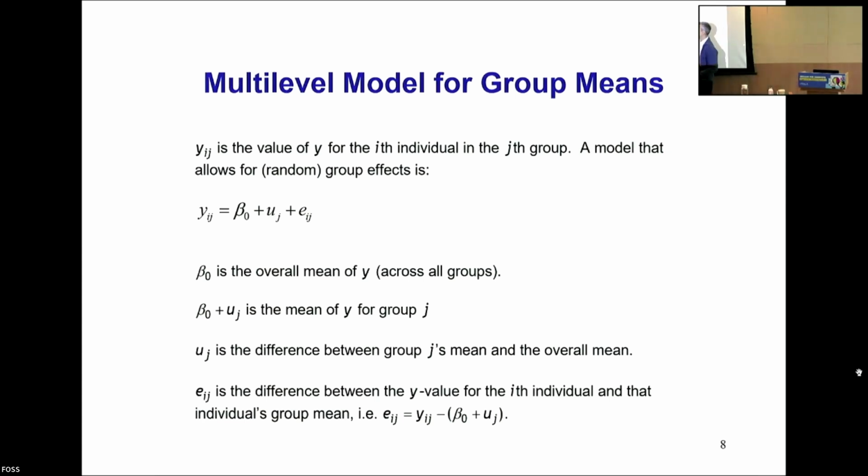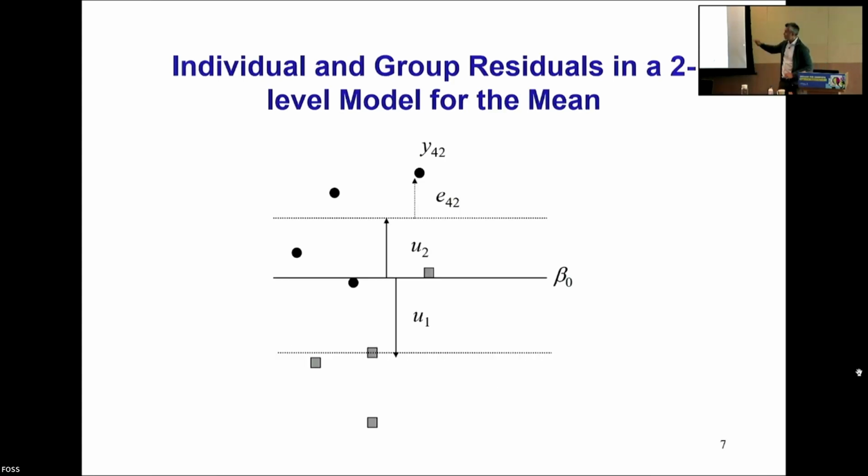So the uj is the difference between the group j's mean and the overall mean. And the eij is no longer the total residual, but it's the residual between the individual data point and that particular group mean.